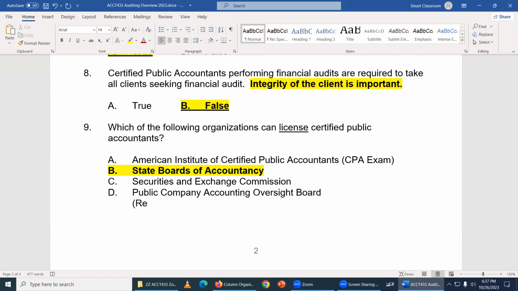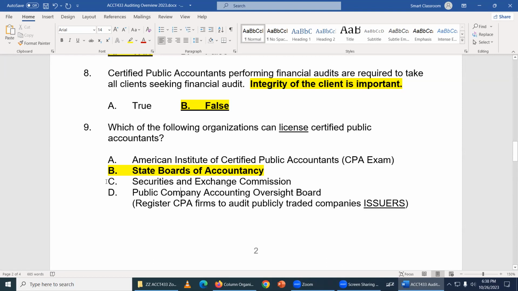You have to already have your license before you can do that. These publicly traded companies are known as issuers. That's the kind of lingo we use in auditing.